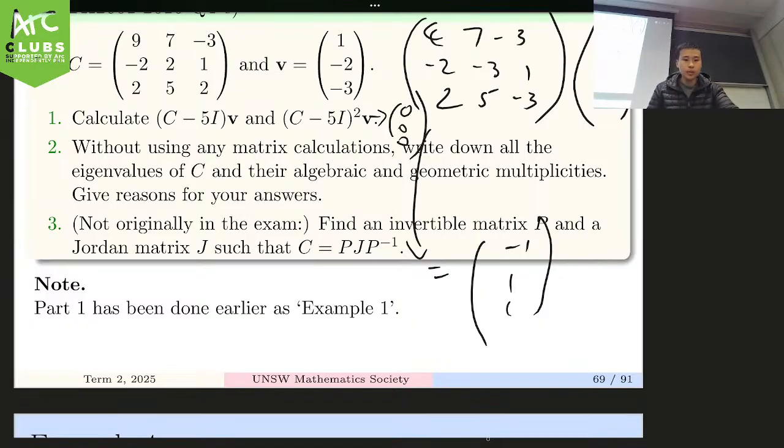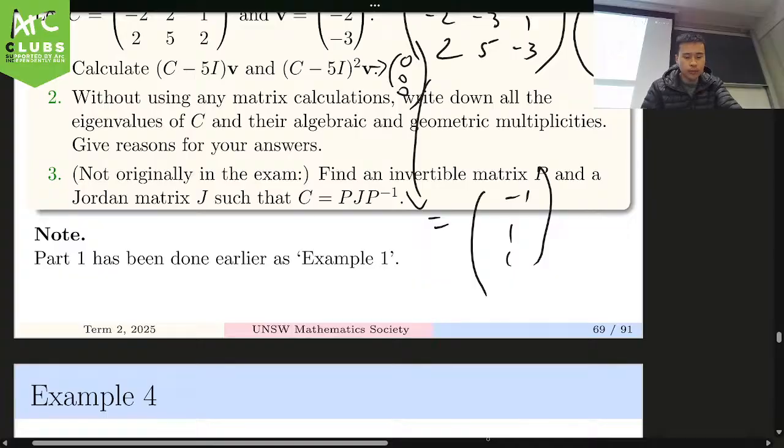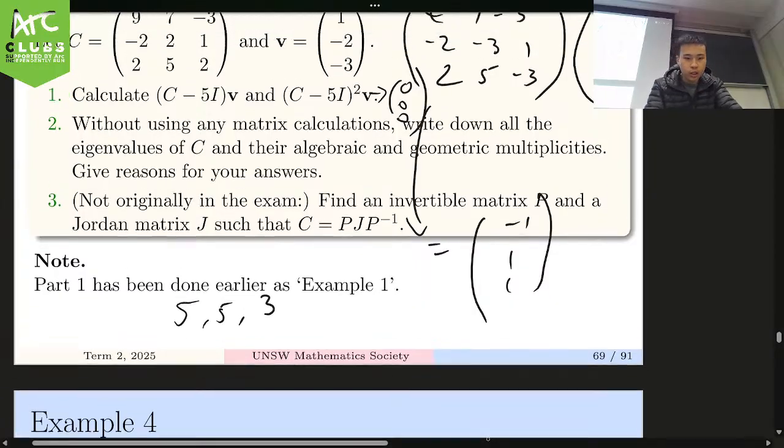Yeah. So without using any matrix multiplications, write down all the eigenvalues. I mean, wasn't it? We already did this. So I believe there was 5, 5, 5, 3.